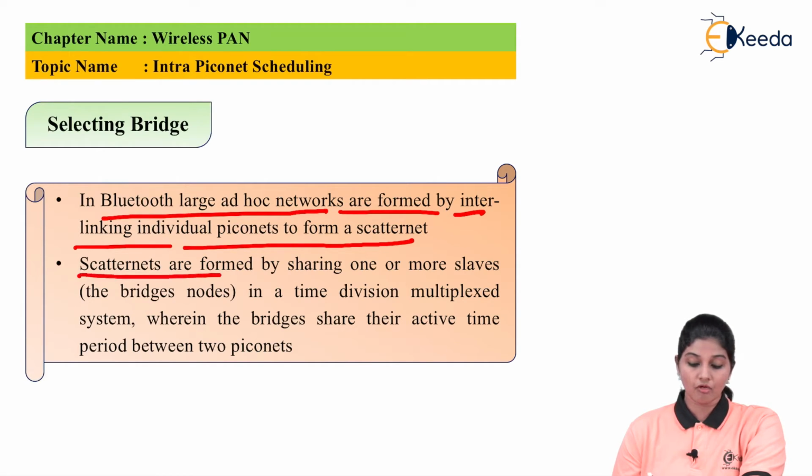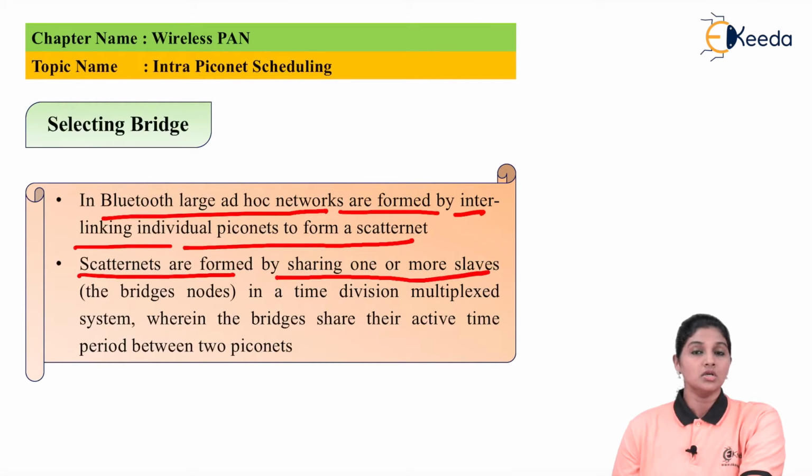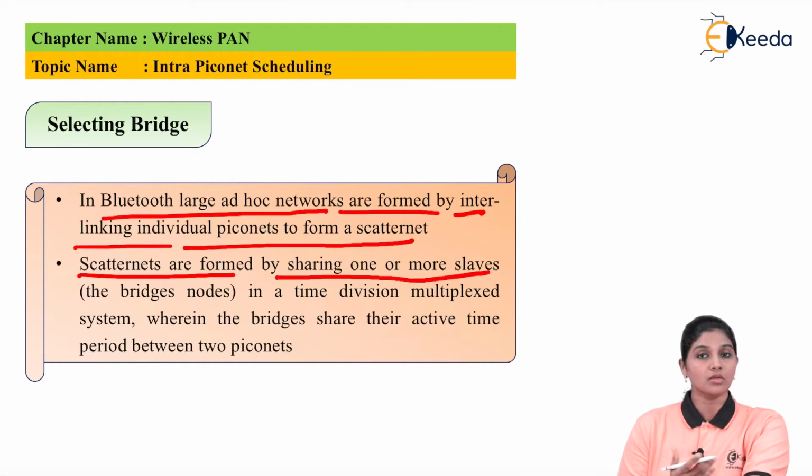The scatternets are formed by sharing one or more slaves, which are called bridge nodes. That means when the piconets get connected with each other, a common node or common slave is present between both piconets, and that slave or node is called a bridge node. It is not always necessary that only one node acts as a bridge node. One or more nodes can be used as a shared node or a bridge node.